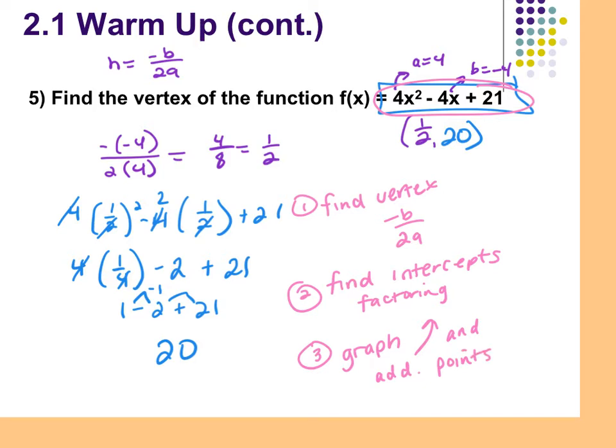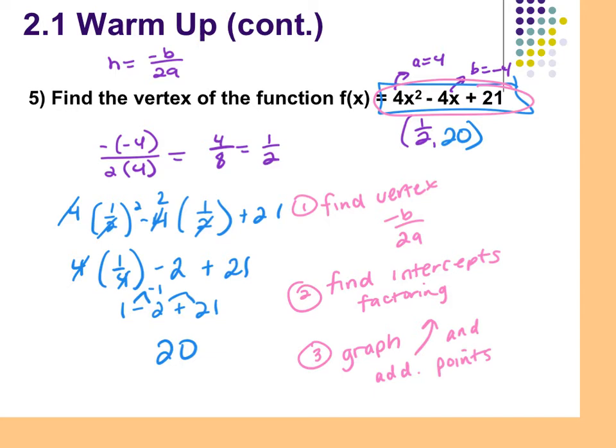So there's 2 ways to graph these functions. If they're in standard form, then you're going to find the vertex using the h, k pulled out of the equation. And then you're going to find your intercepts. Well, you wouldn't be able to factor if it was in standard form, so you'd find the intercepts doing the even root property and then graph it.